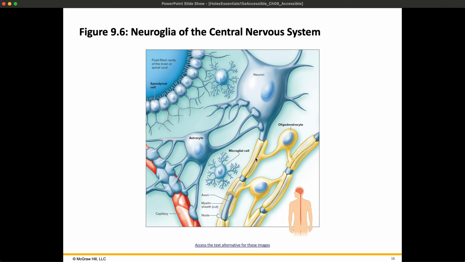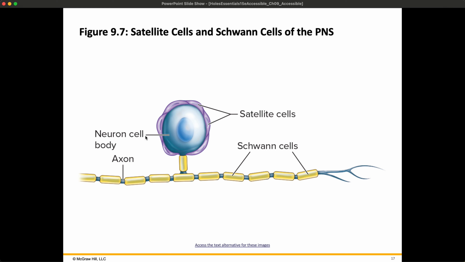You can see one cell is going to be myelinating multiple portions of a neuron. Versus in the peripheral nervous system, each myelin segment is a Schwann cell, versus having one oligodendrocyte making multiple sections of the myelin. Each one is an individual cell, and the satellite cells are there to protect the neuron cell body.